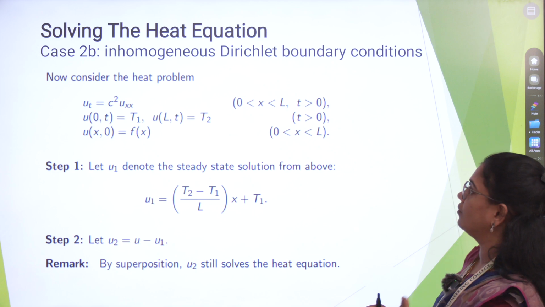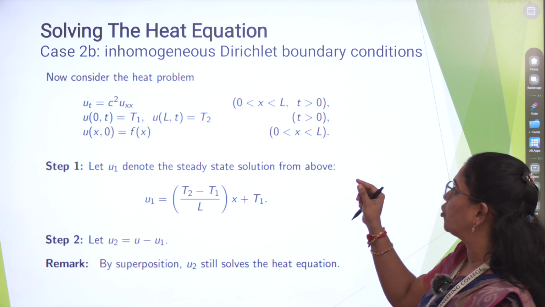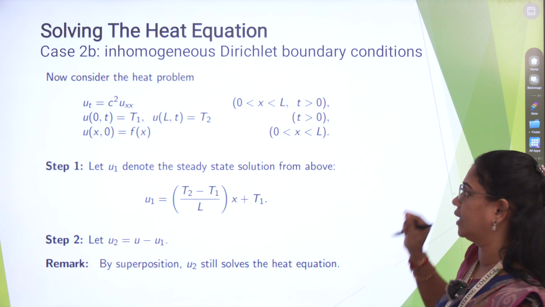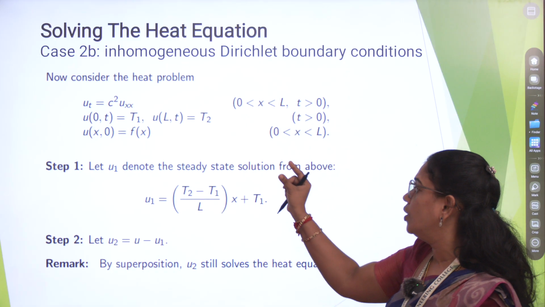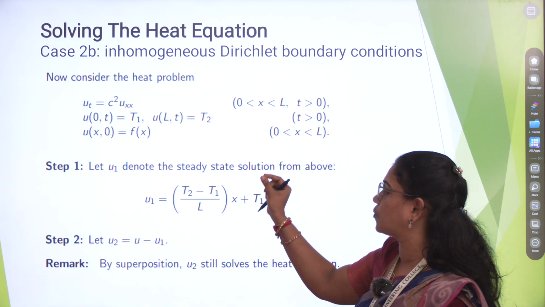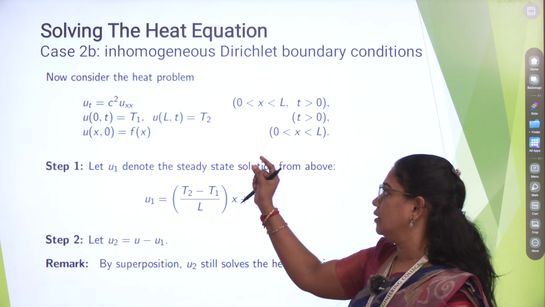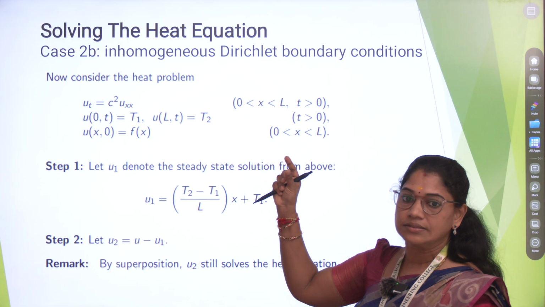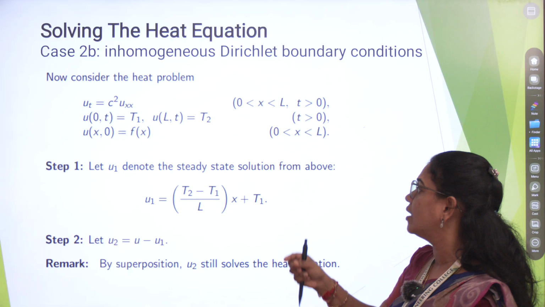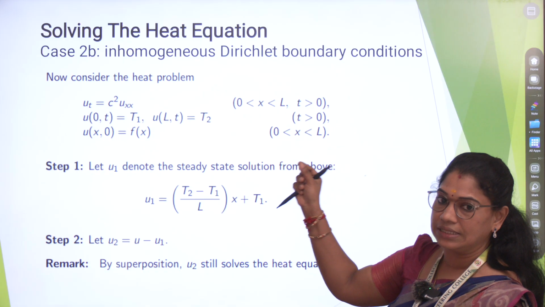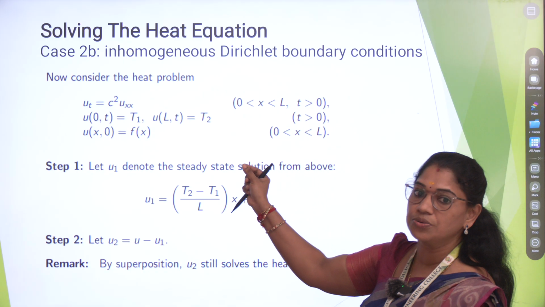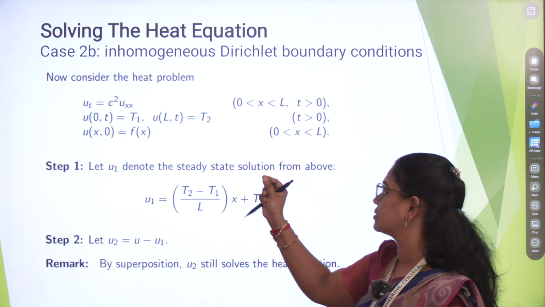Next, solving the heat equation with non-homogeneous Dirichlet boundary conditions. Now consider the heat problem. First, ut equal to c square u double x, where c square is the thermal diffusivity and u is a function with partial derivative in x and second derivative u double x.